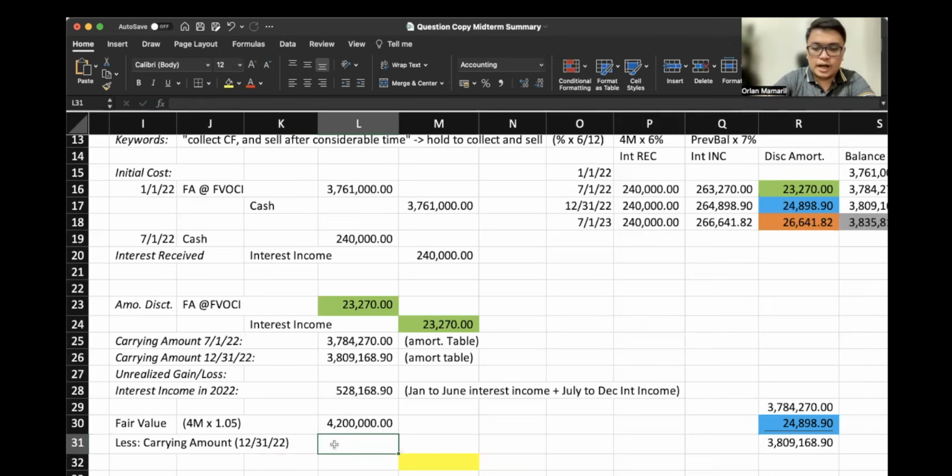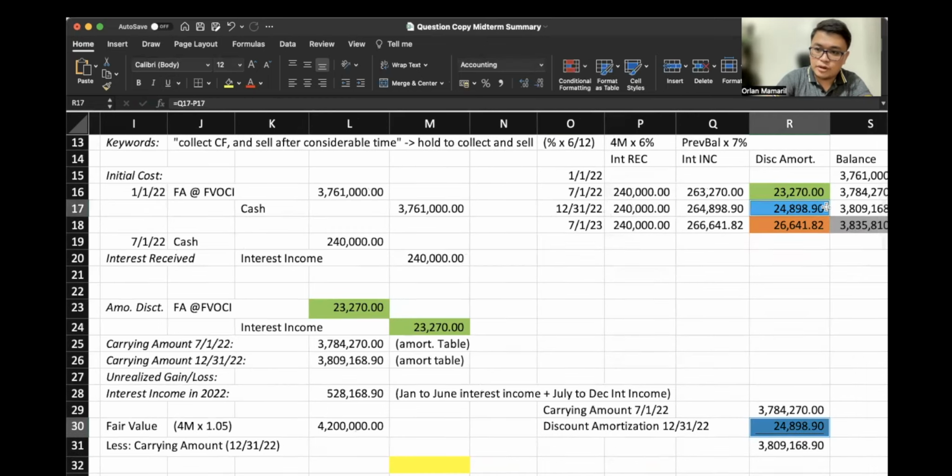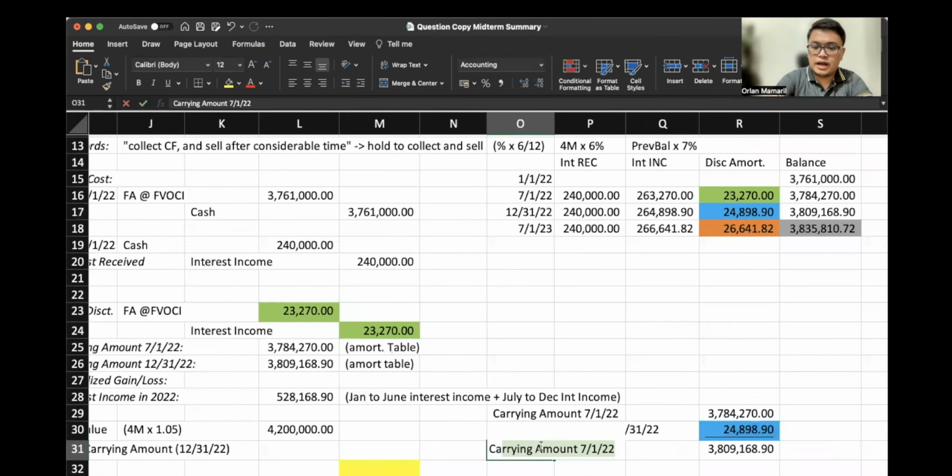Regarding the carrying amount at year end, we should compare and update first the carrying amount in July. That is 3,784,270. Remember that there is a discount amortization on 12/31/2022, which is 24,898.9. That's from the amortization table, right? So this is our carrying amount on December 31, 2022 before fair value adjustment.